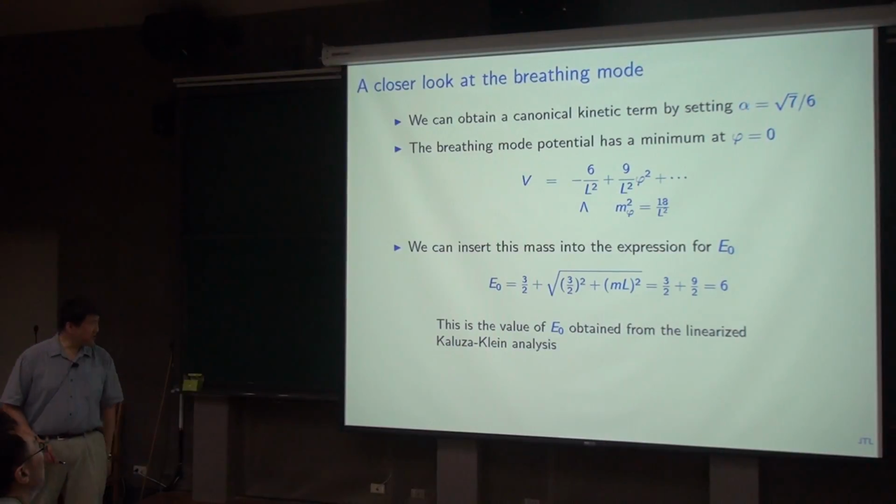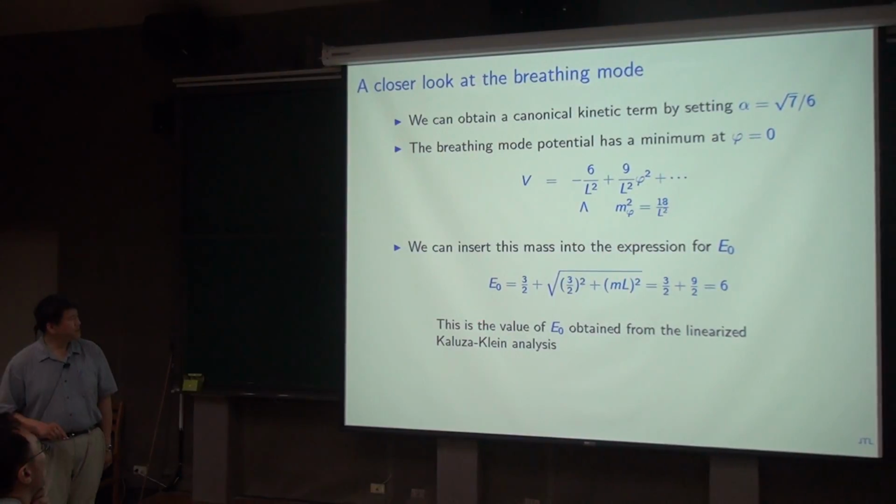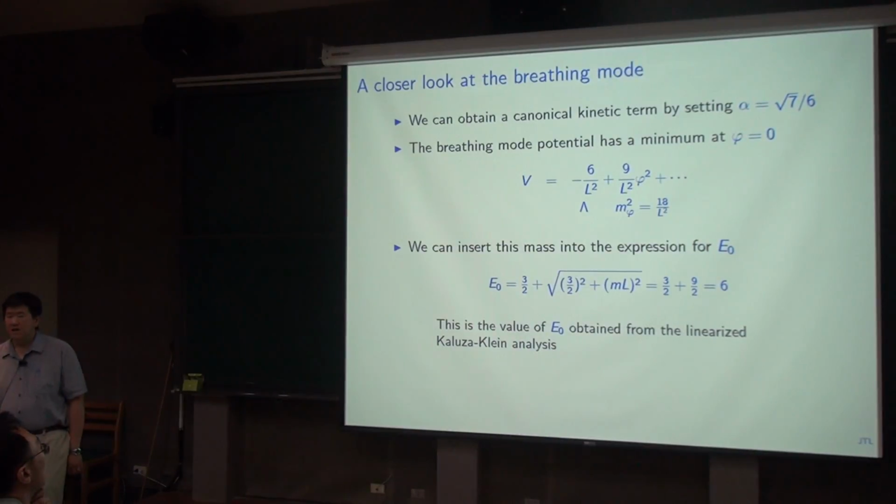There's an expression that tells you for scalar fields, the mass and E0 relation is written like that. So if I plug in 18 over L squared over here, and I do this computation, I end up with E0 equals 6.